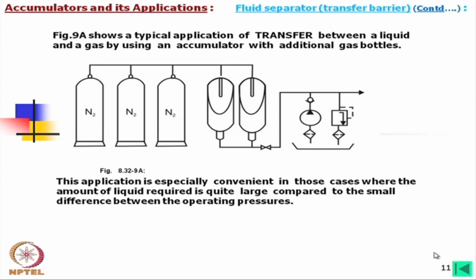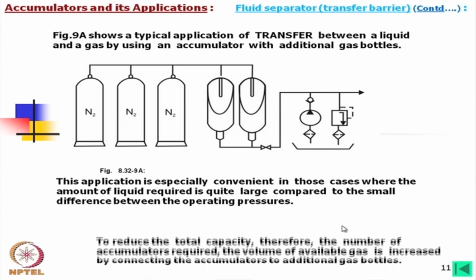This application is especially convenient in those cases where the amount of liquid required is quite large compared to the small difference between the operating pressures. In these systems we actually need a very large amount of oil with a very small pressure difference, and the accumulator helps in meeting such requirements.